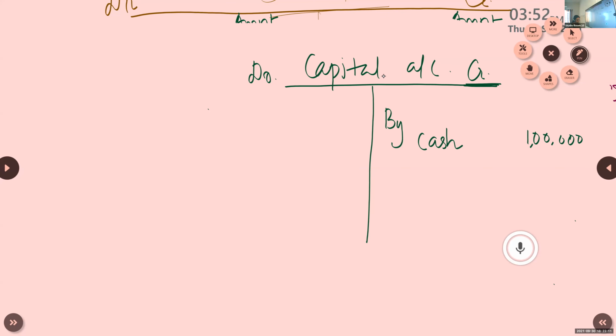What kind of balance will you get from this account? There is only one item. What is there so much to think? Debit balance or credit balance? Credit balance. Always capital account shows credit balance.